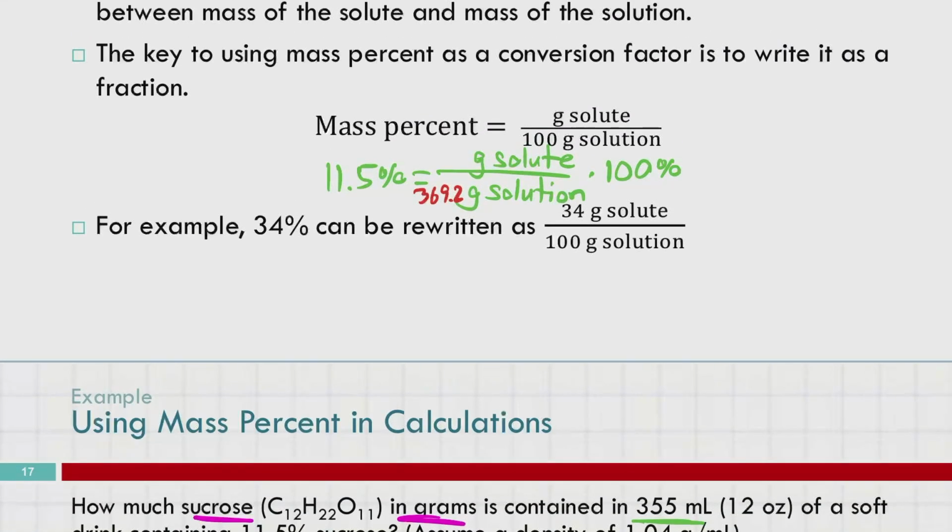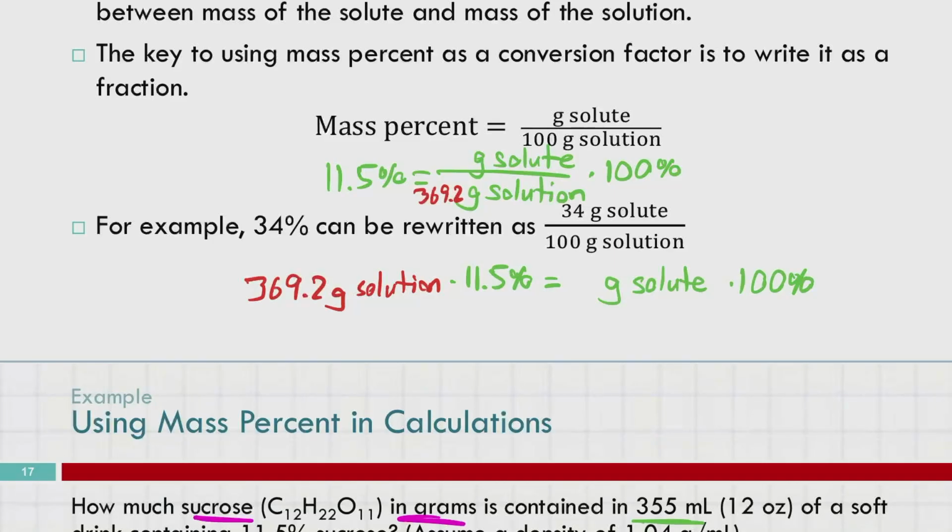We do some rearranging. 369.2 grams solution times 11.5 mass percent equals grams solute, what we're looking for, times 100%.